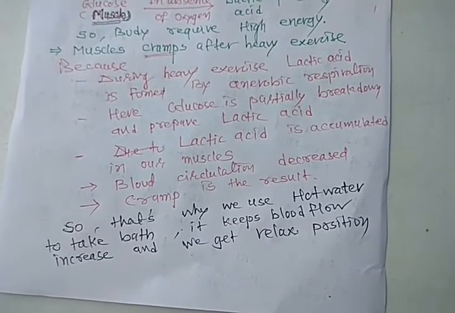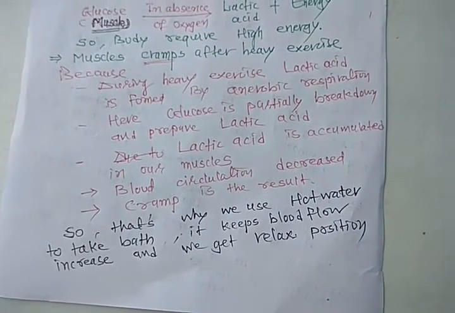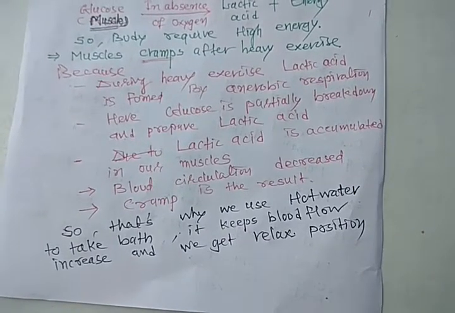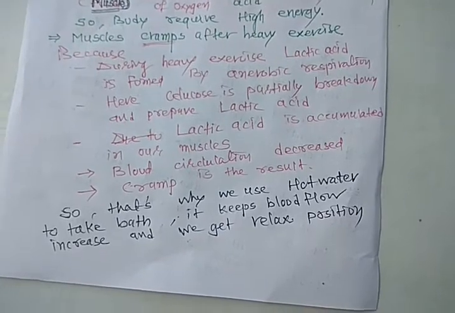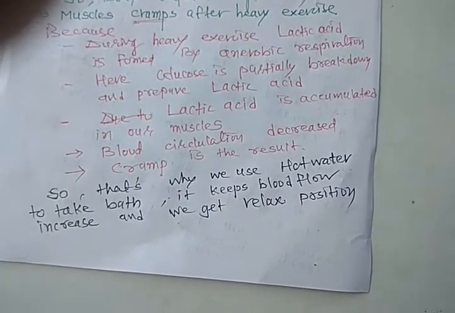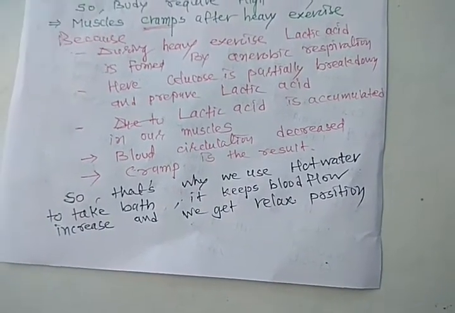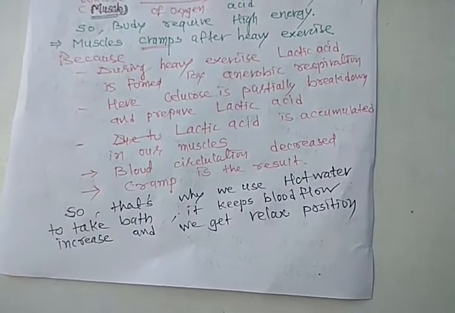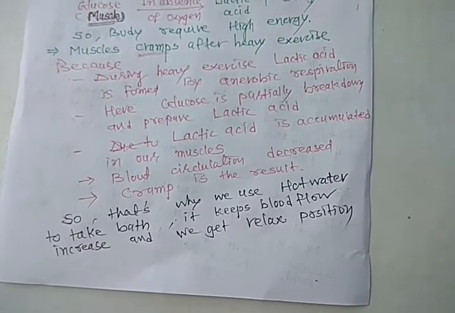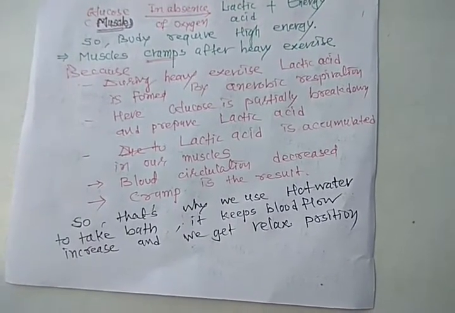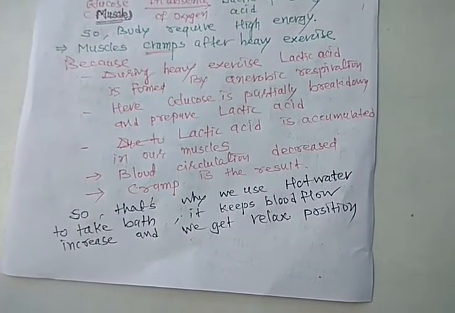So cramp is the result of the lactic acid. But if we bathe with hot water after heavy exercise, why? Because it keeps our blood flow regular, increasing, and we get a relaxed position.